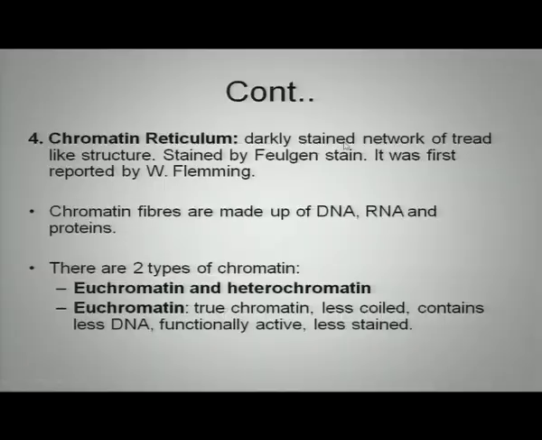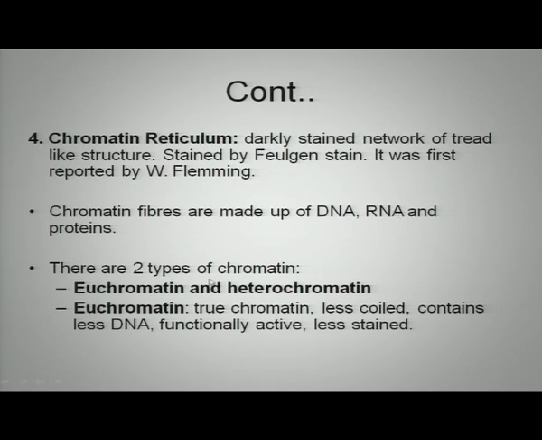They are a darkly stained network of thread-like structure when we stain it with a nuclear stain, a DNA stain, Feulgen stain for example. It was first reported by W. Fleming. Chromatin fibers are made up of DNA, RNA and protein.